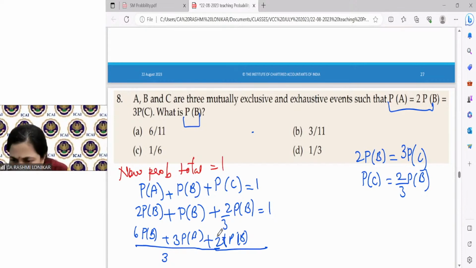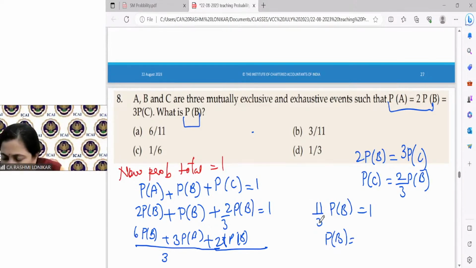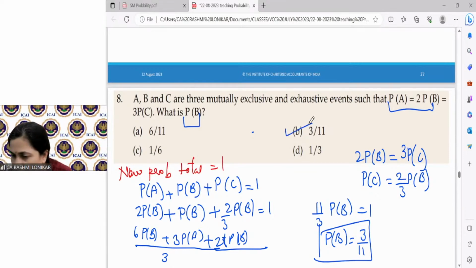So 11 upon 3 PB is equal to 1. When the fraction goes from the left to the right side of the equal sign, it flips. So P of B is equal to 3 upon 11. So B will be the correct answer.